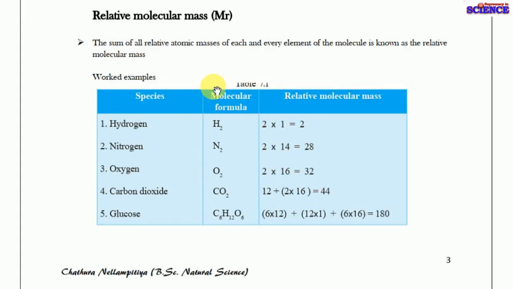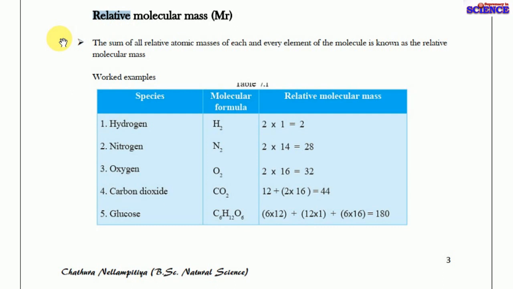Assume that we want to measure the mass of a molecule. A molecule is also a tiny structure. You can't measure the mass directly using grams or kilograms. We need a scale. What is its scale? Relative molecular mass. Here also we know why it is relative now. It's relative to what? Think about it.